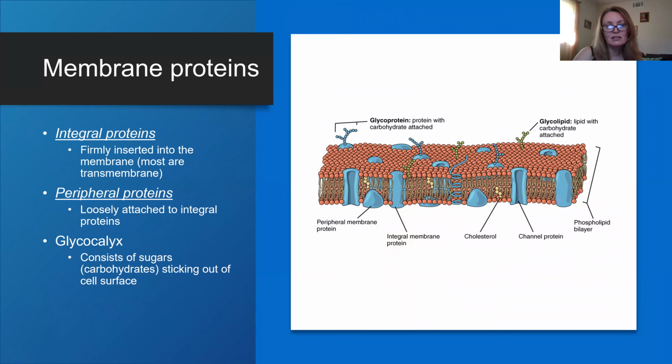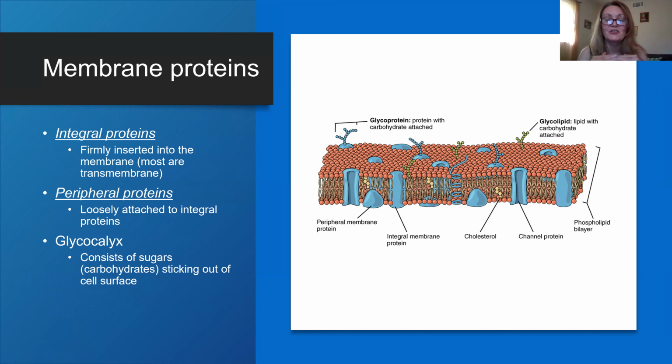And I just mentioned glycocalyx. Glycocalyx consists of sugar, carbohydrates sticking out of a cell surface. So if this sugar is attached to lipids, we call it glycolipid. If it's attached to protein, it's a glycoprotein. And glycocalyx is really important in cell-to-cell recognition, in the communication between your immune system and your own cells.